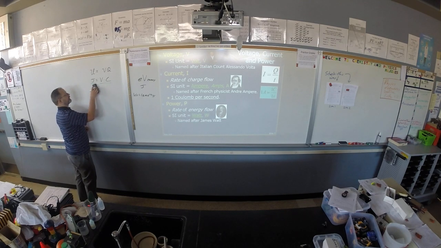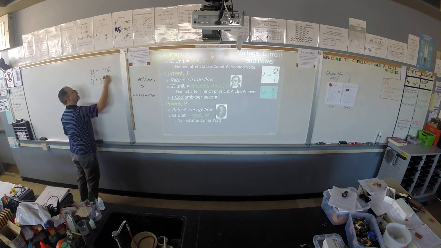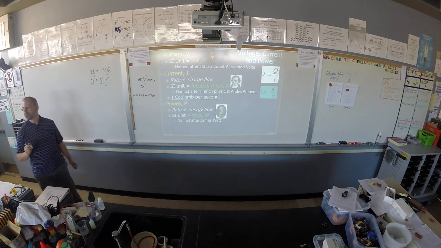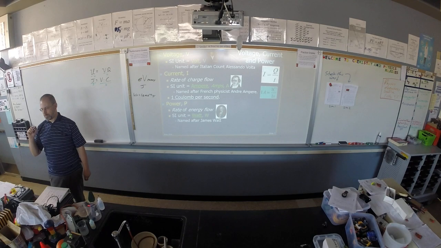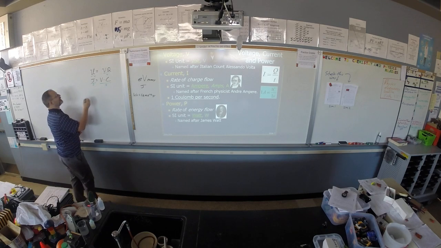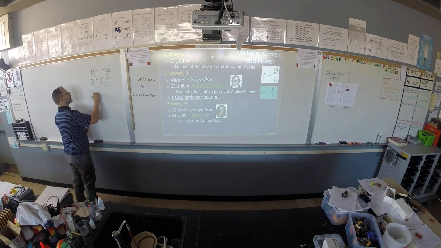A joule is a unit of energy. A second is a unit of time. Energy divided by time is power. So a joule divided by a second is a watt, which is power.